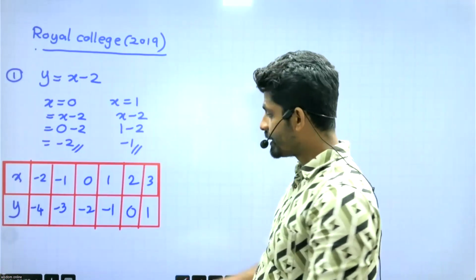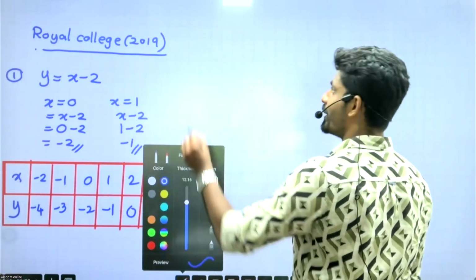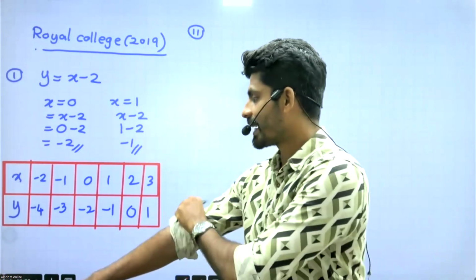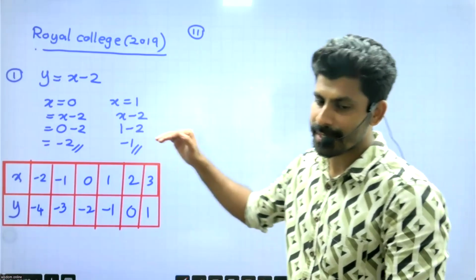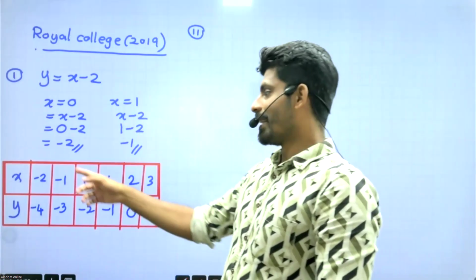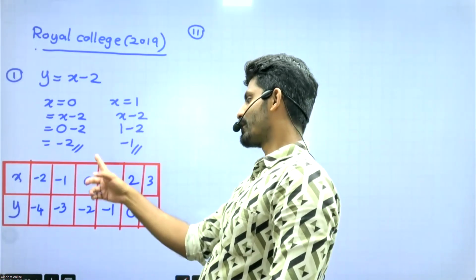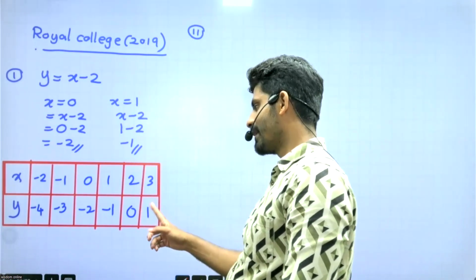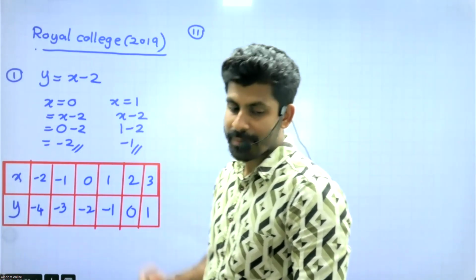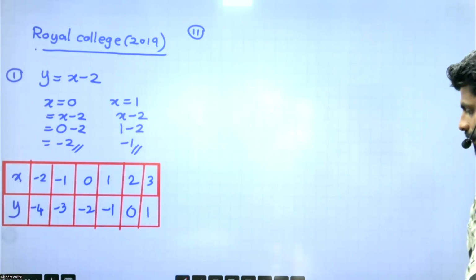Right? Question number 2. We need to draw the x-axis and y-axis. So this is the x-axis, then the y-axis, then x: minus 2, minus 1, 0, 1, 2, 3. What is the maximum value? 1. The minimum value is minus 4.